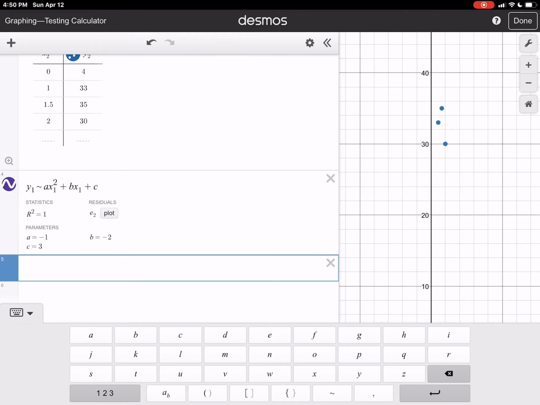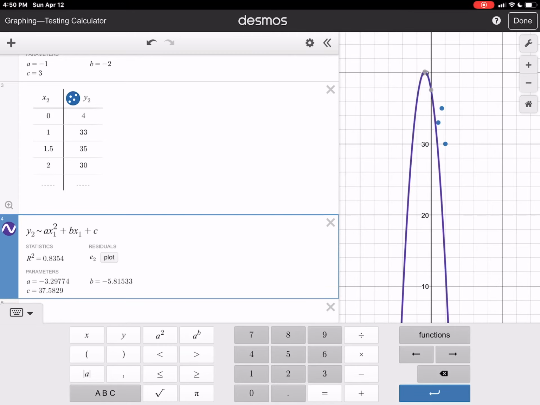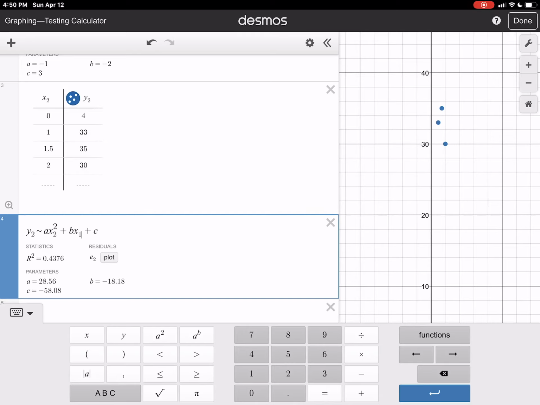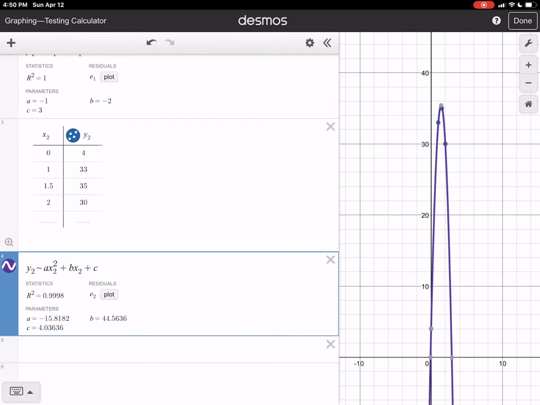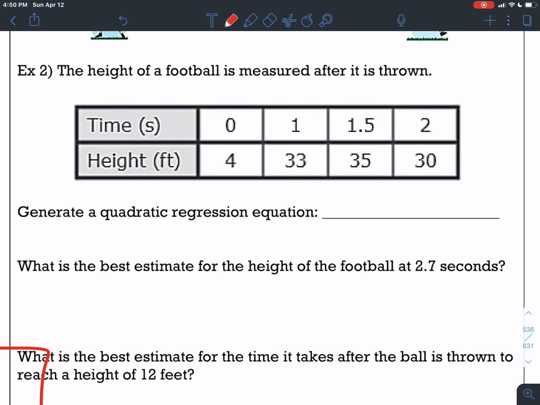Oh, excuse me, this was supposed to be y2 and x2. All right, there we go. If we notice, my r squared is real close to 1. That means this is a really good match for this graph. And I see all of my values. So I'm going to write those down on my little table here.